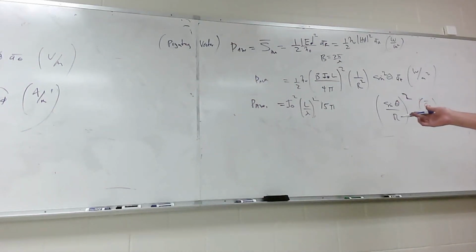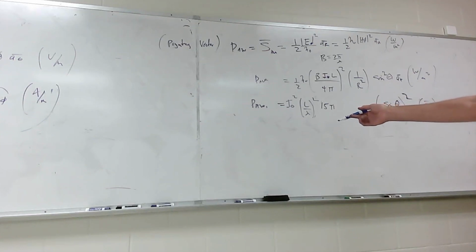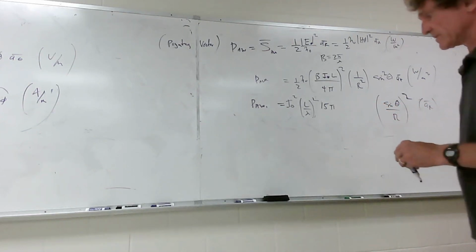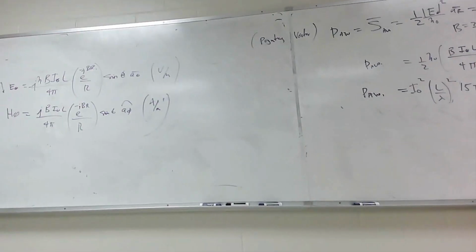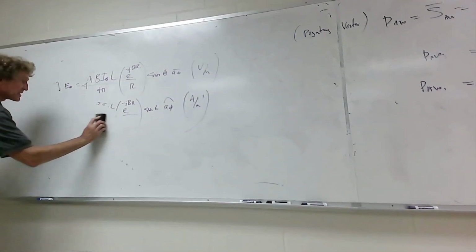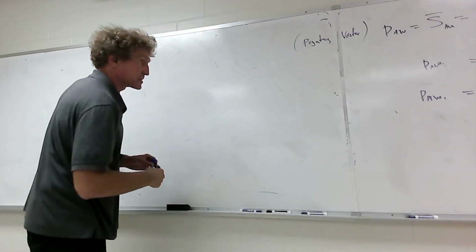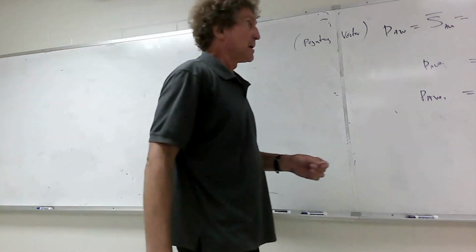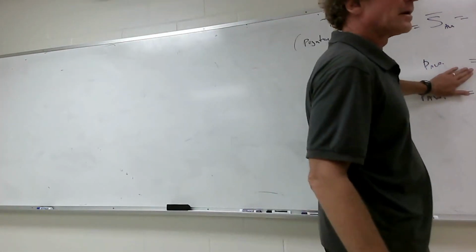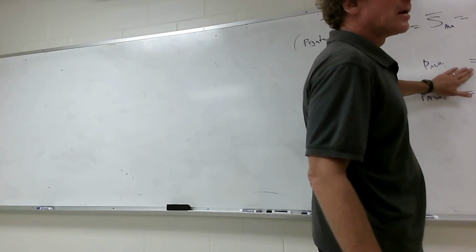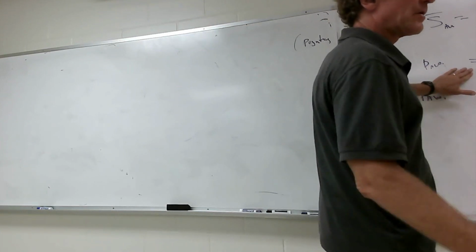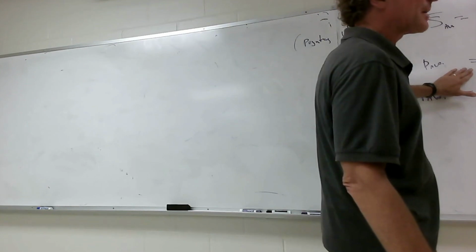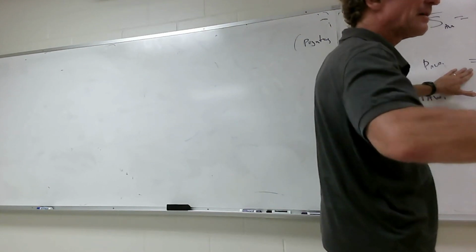The next thing I want to get is the normalized power density, because I'm after gain or directivity. So over here, what's the normalized power density, one of you guys? Well, you take a look at this functional form. You have to find out where it's a maximum for a given r. Remember, the normalized power density will be a function of the angle.